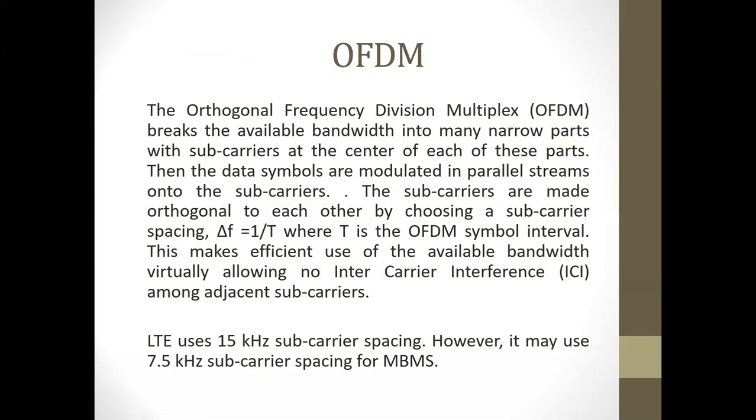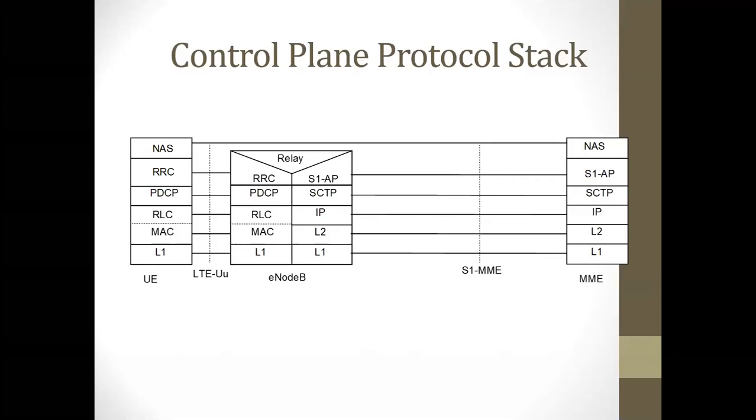Now, any questions so far? A few things we are skipping, like how the protocols work in some layers. These are just to implement a communication between the eNode B and the MME, and a lot of times it's a wired network.